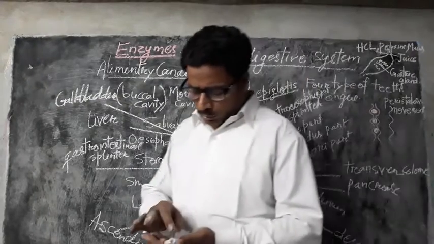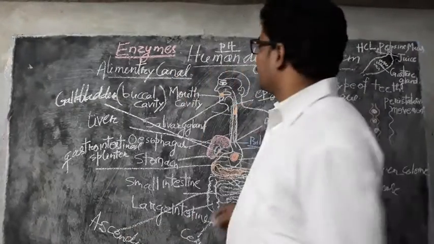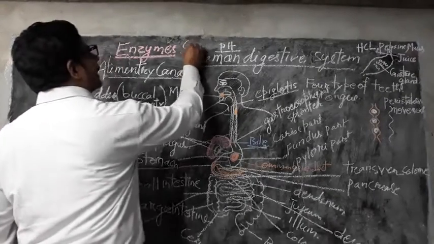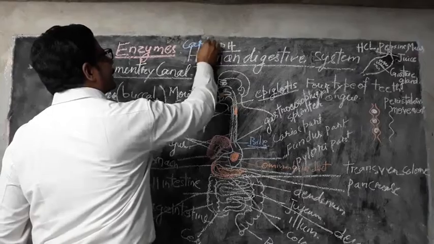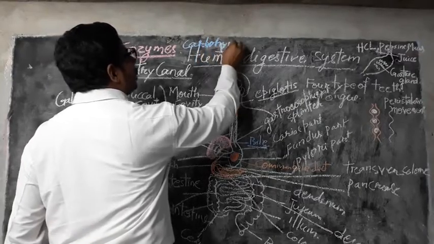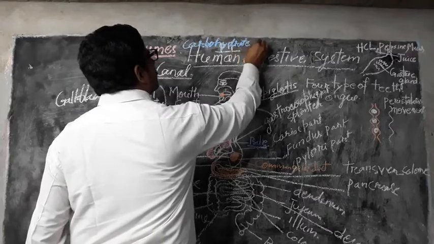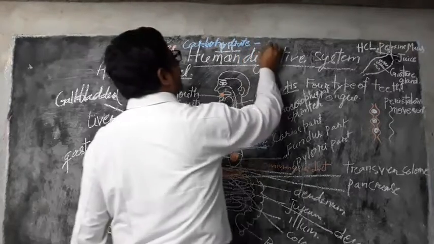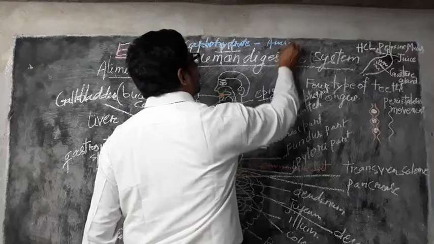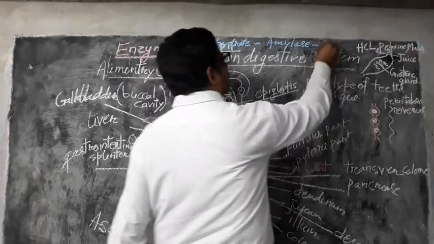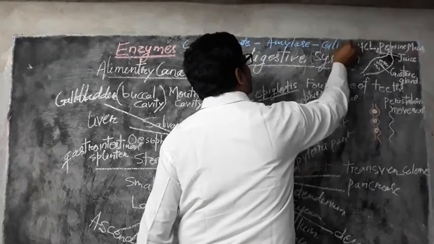To digest carbohydrates, an enzyme is necessary. The enzyme involved is amylase, and amylase converts the carbohydrate into glucose.